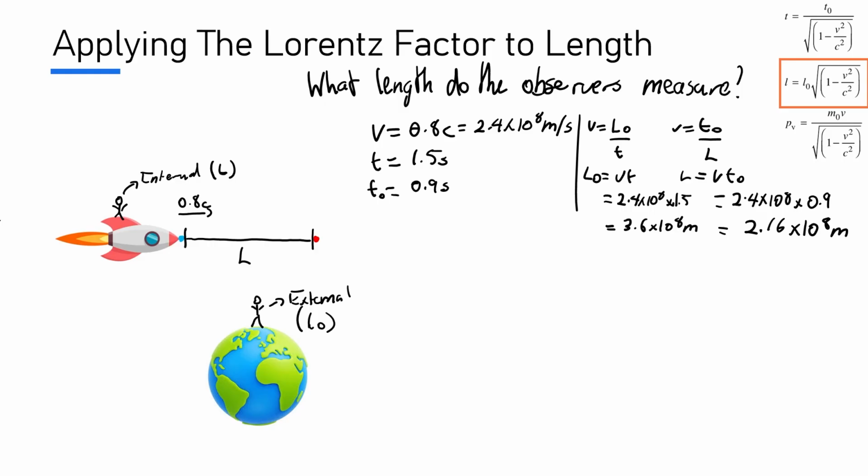And as we can see, the external observer would measure the distance to be 3.6 times 10 to the 8 meters, but the internal observer thinks that the rocket has only traveled 2.16 times 10 to the 8 meters. This is a contracted length. What we should be able to demonstrate now is that the equation for length contraction holds based on these calculated measurements that we've determined based on the proper and dilated times already accounted for.